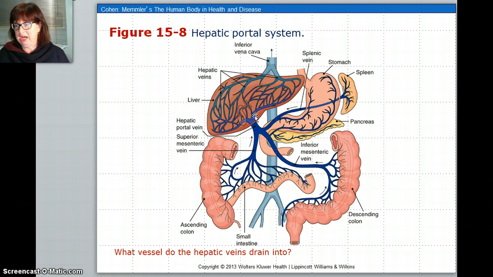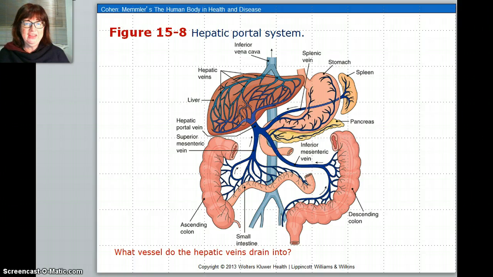And this is why, if you're consuming a lot of alcohol, one of the first places that alcohol gets processed is in the liver, and you'll get fat in the liver, which leads to hepatic cirrhosis of the liver. Okay, liver, very important in processing and filtering that blood.